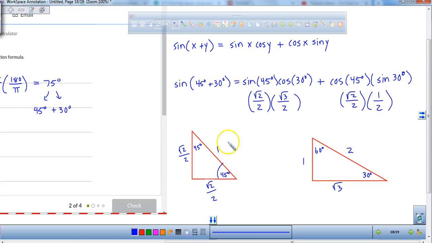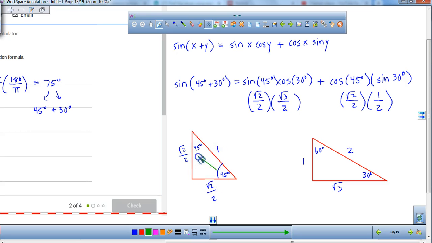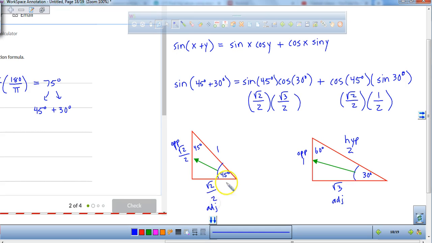Now, I'm going to go ahead and label things out, and then we'll go over them one more time. From the 45-degree angle, there's the 45, and then from the 30-degree angle, right there. So once again, this is our opposite side, this is our adjacent side, and this is our hypotenuse.